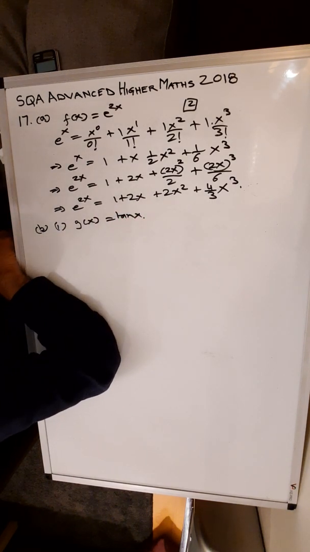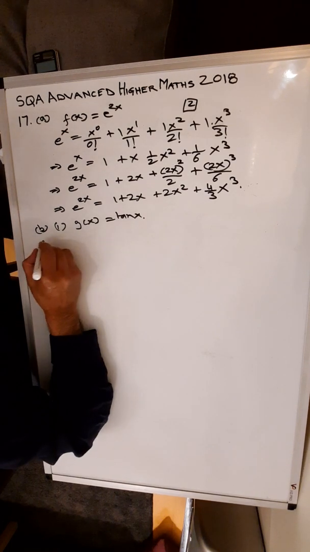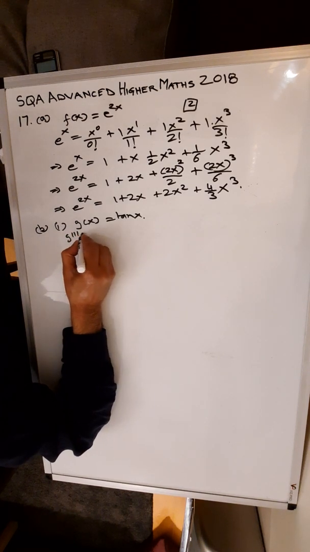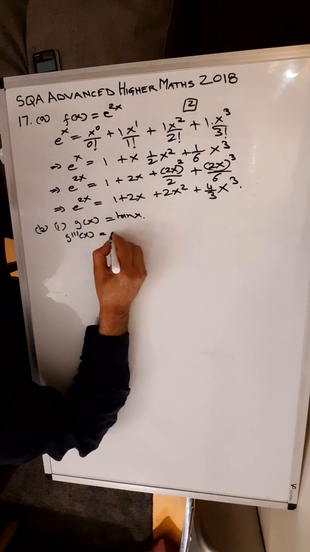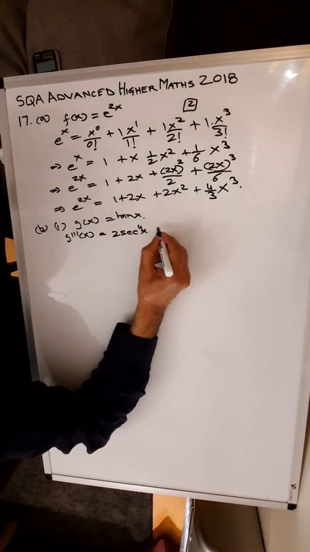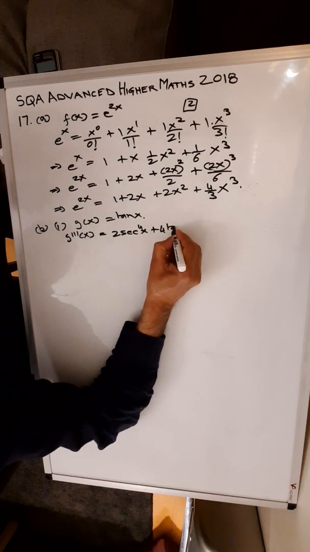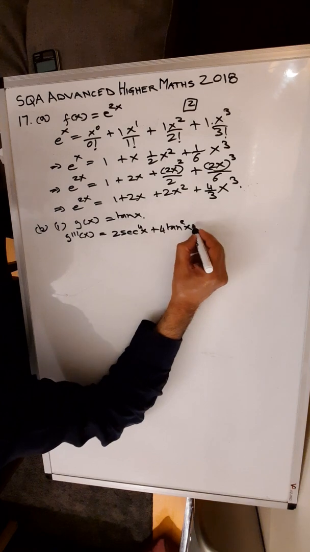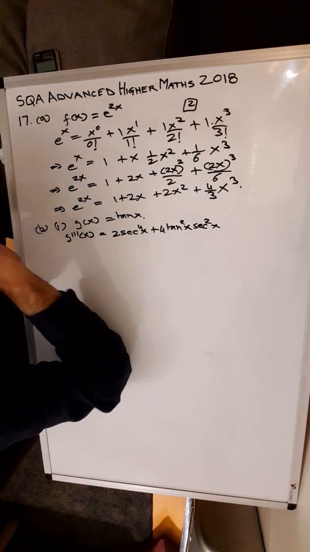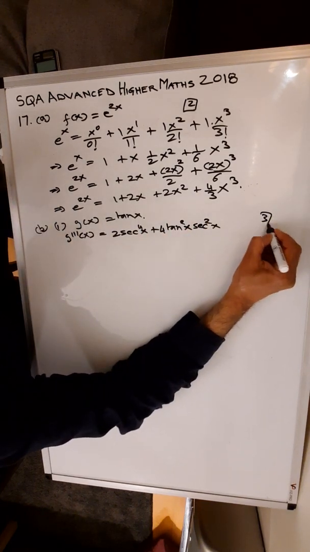Show that the third derivative of g of x, g triple dashed of x, is equal to 2 sec to the 4 x plus 4 tan squared x sec squared x. This is for 3 marks.